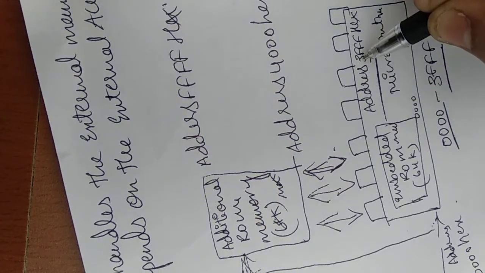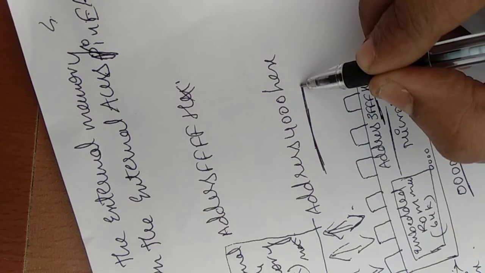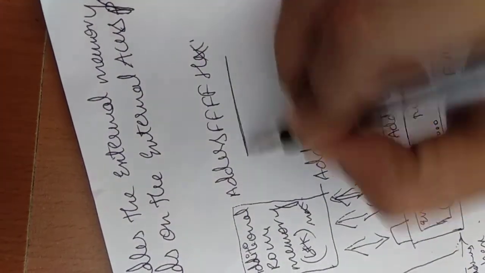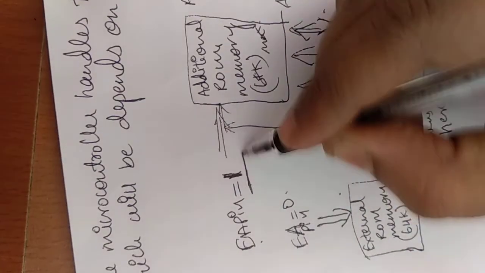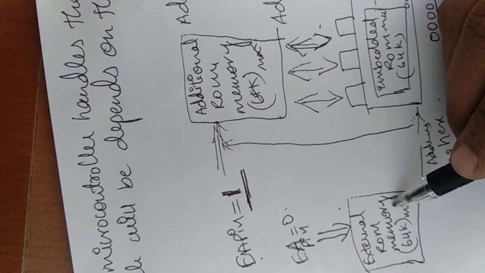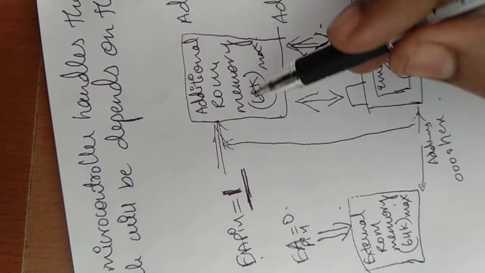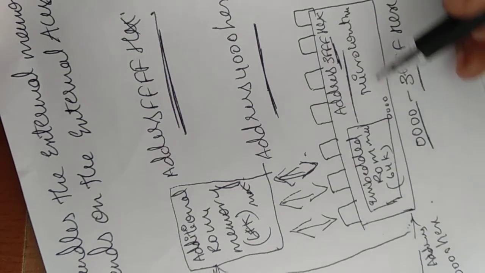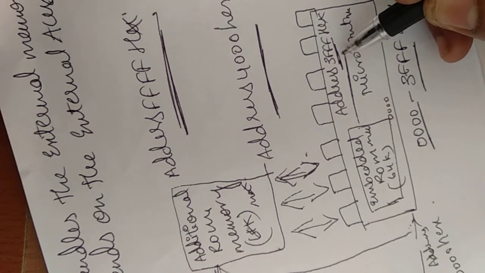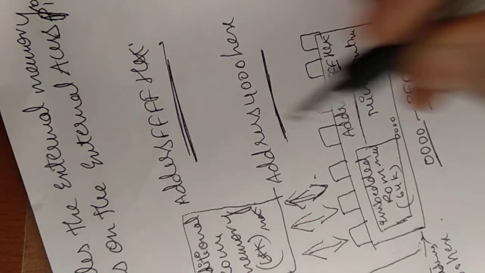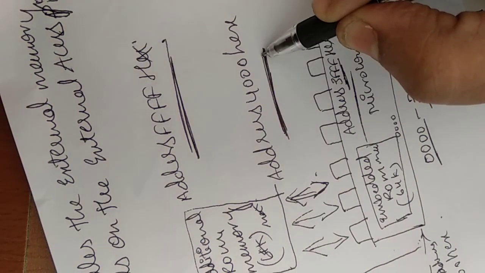Then it will start reading the addresses after 3FF hexa, that is, it will read the addresses from 4000 hexa to FFFF hexa.